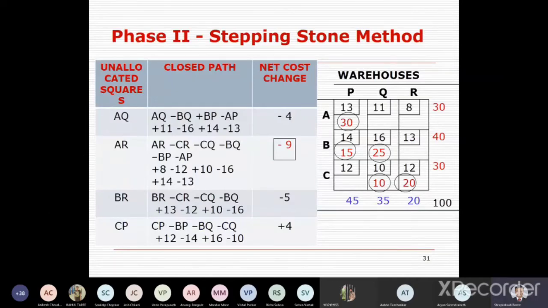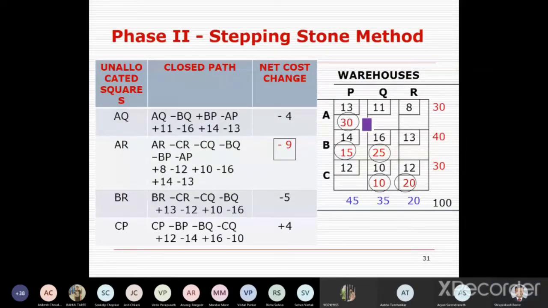So this was the solution we got by the northwest corner method, and here we are preparing this table. In this table I have written unallocated squares. In AP, 30 units are shifted, so AP is called an allocated cell.